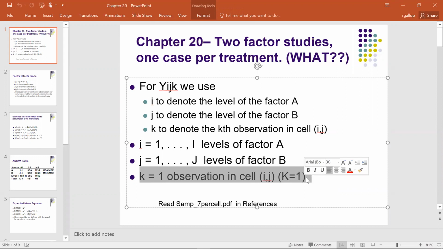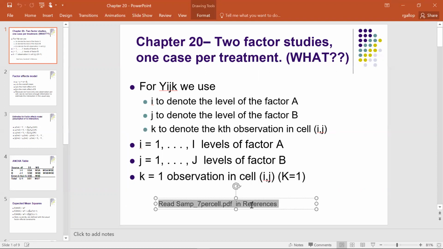And that goes again, if you have 1 observation per cell, how do you know whether or not that observation is an outlier? We don't, right? So these are things we need to think about as we start moving forward. On D2L, you'll see this reference I have about needing 7 observations per cell.